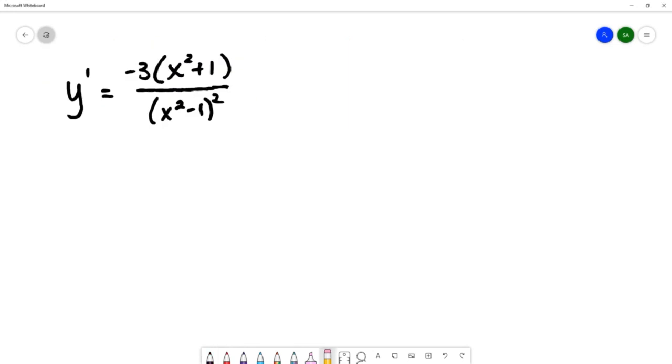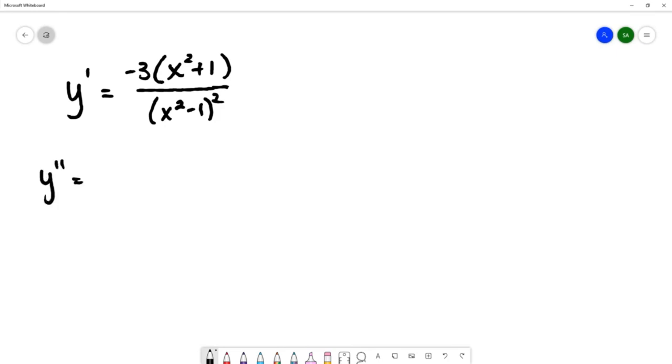On this question, we are given the first derivative, and we're going to calculate the second derivative and use some algebra to clean it up. So this derivative is in fraction form, so we're going to use the quotient rule to calculate the derivative.